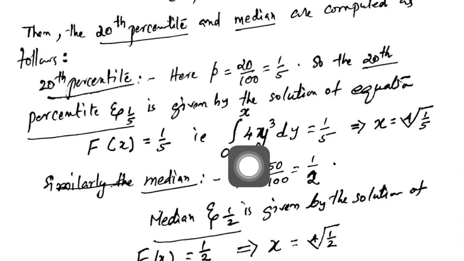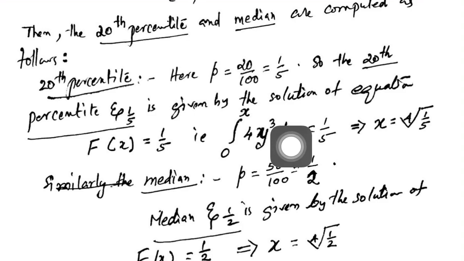And you can integrate this simply. What is the integral? Integral is nothing but 4 into y to the power of 3 plus 1 divided by 3 plus 1. That is 4y to the power of 4 divided by 4, and 4 and 4 get cancelled.